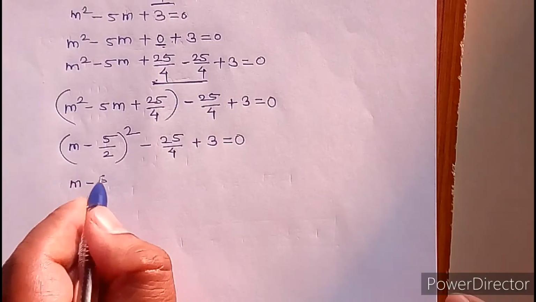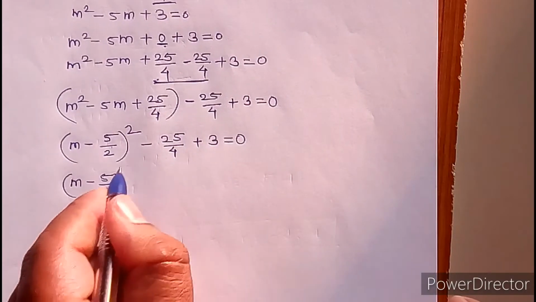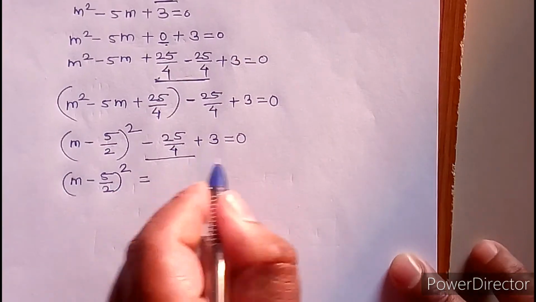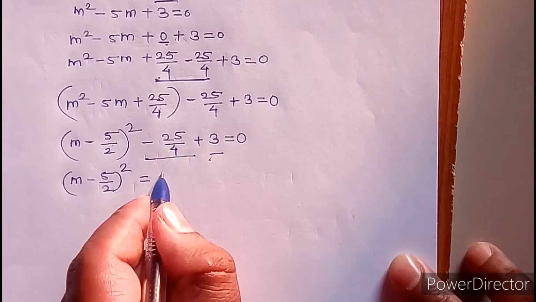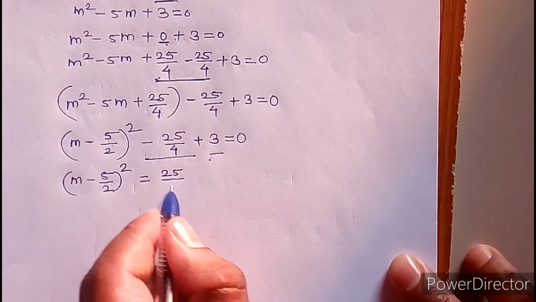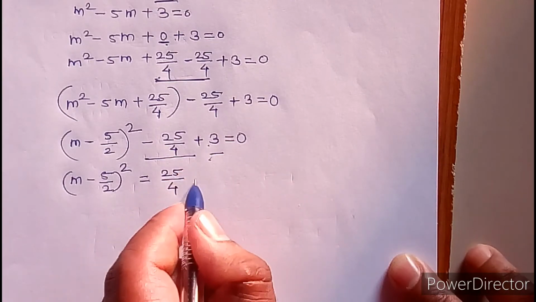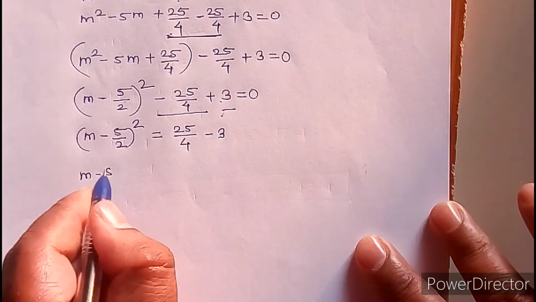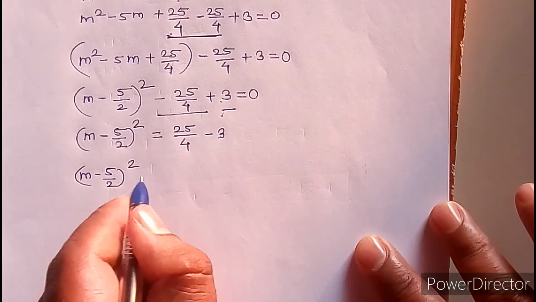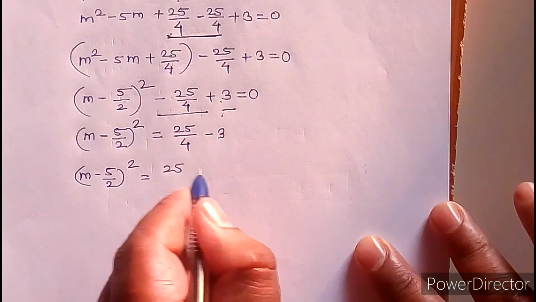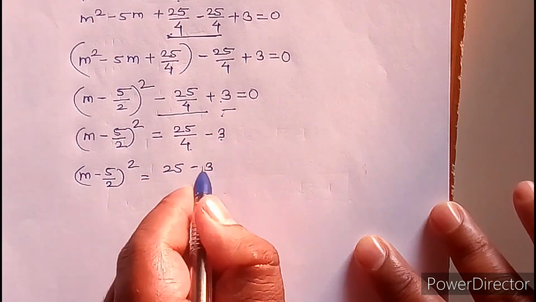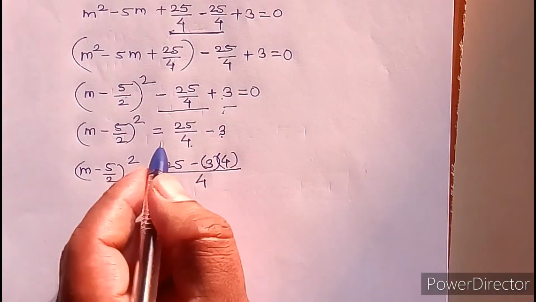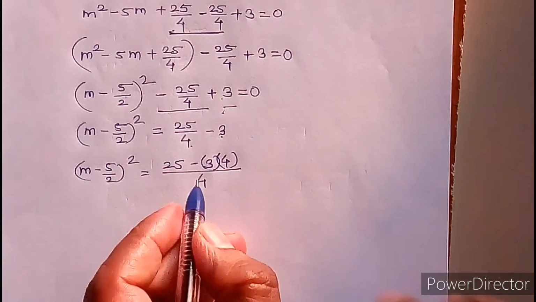Now here m minus 5 by 2 whole square will be equals to, now we are shifting minus 25 by 4 and plus 3 to this side, it will become plus of 25 by 4. Now this plus 3 will become minus of 3. Now on solving this, m minus 5 by 2 whole square as it is, 25 minus 3 into 4, divided by 4. Now we have taken the denominator common.